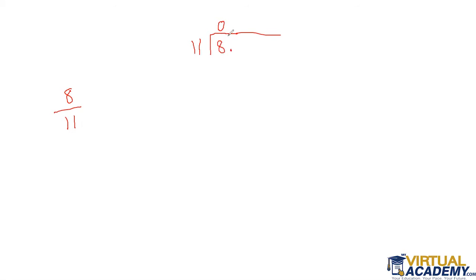And then do a decimal point, inside and on top, and a 0 after the 8, okay? Now it's 11 into 80. Well, okay, so 11 goes into 80 7 times, because 7 times 11 is 77, okay?